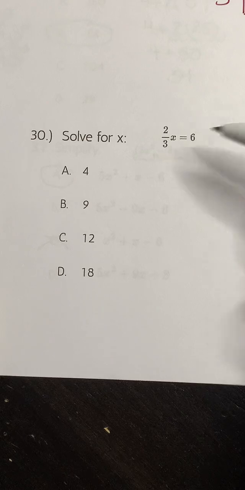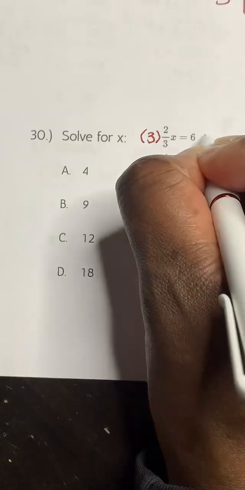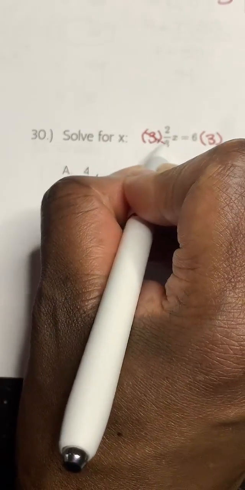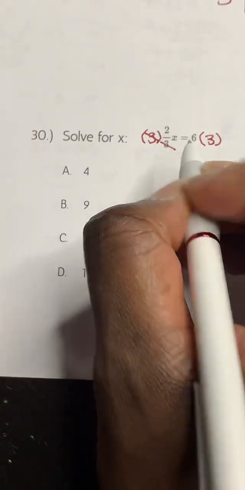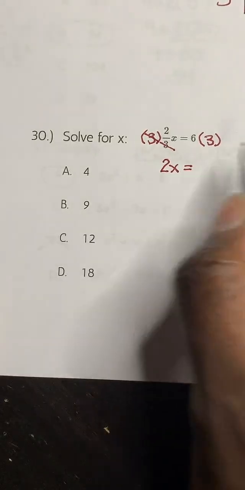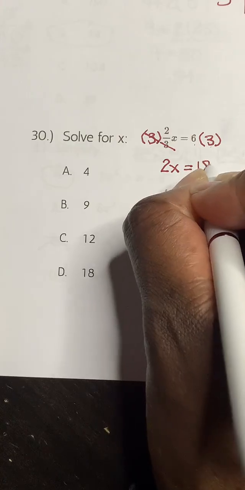The opposite of division is multiplication. So multiply both sides by that denominator. Once you get rid of the 3, what's left? We have 2x is equal to 6 times 3, which is 18.